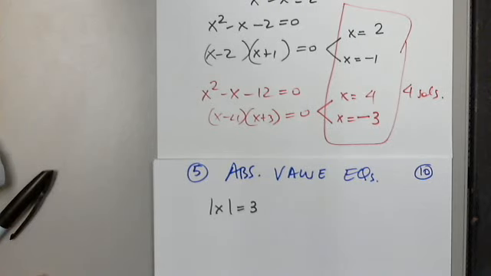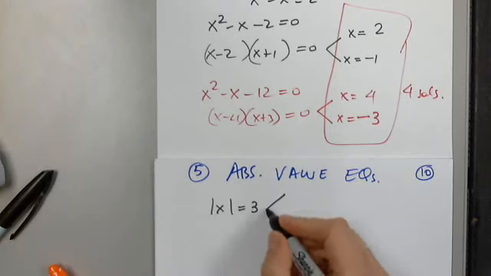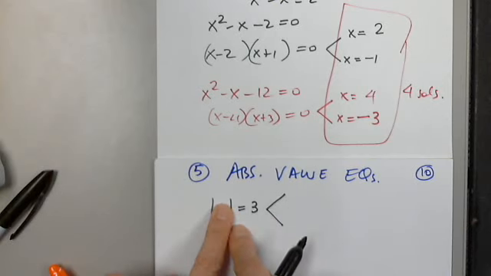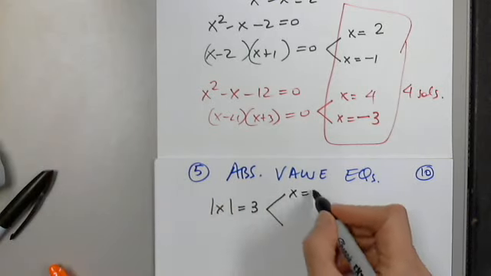Perfect. That's the answer. So there are two options here. I can have 3, and the absolute value of 3 is 3. Or I can have -3, and the absolute value of -3 is 3. So x equals 3, or x equals -3.